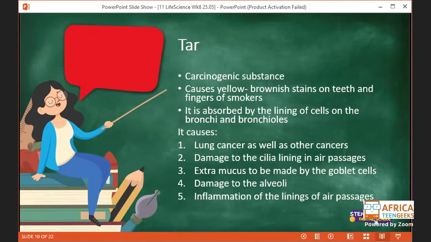A disease which is characterized by inflammation of linings of air passages. You can send through your answers to the group chat, guys. Beautiful. Yes, it is bronchitis. Thank you, Arabile.